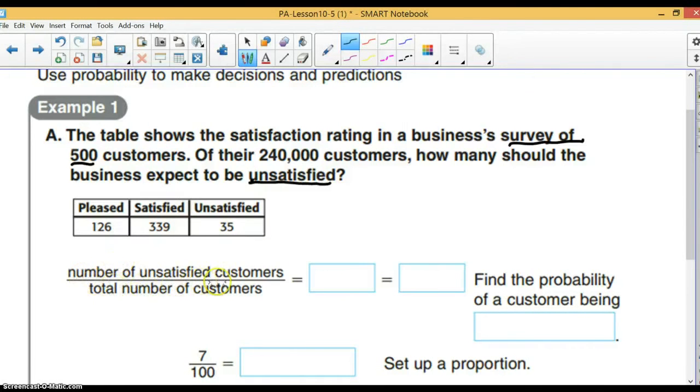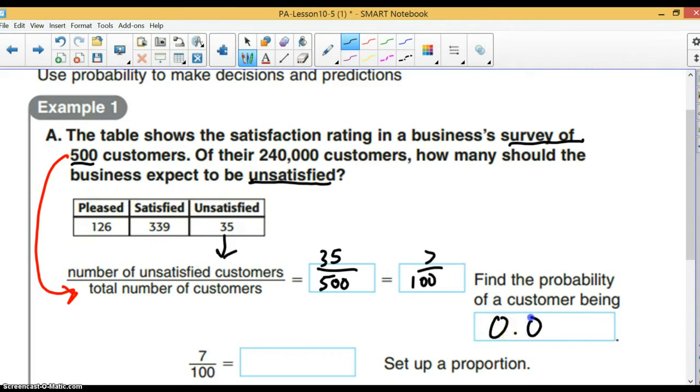So we're going to take the total number of unsatisfied customers, 35, and the total number of customers, 500. So we have 35 over 500, which is the same fraction as 7 over 100, and gives us a probability of 0.07.